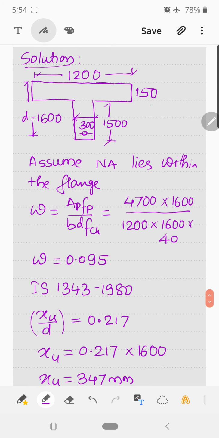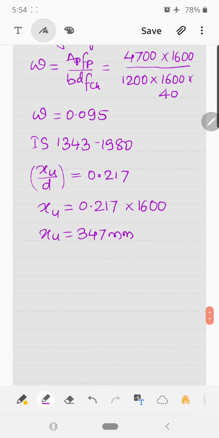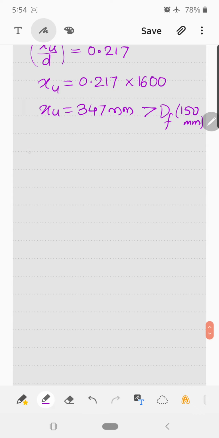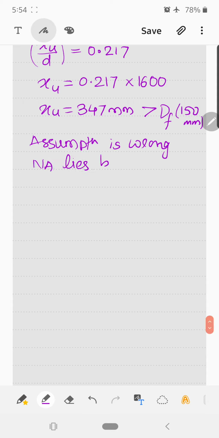The flange depth is 150. So 347 is greater than the depth of the flange DF, which is 150 mm. Therefore the neutral axis lies beyond the flange. So the assumption is wrong. Neutral axis lies beyond the flange, that is in the web.